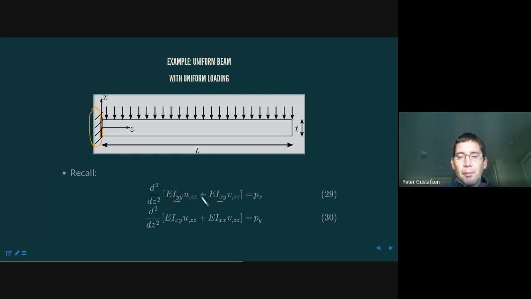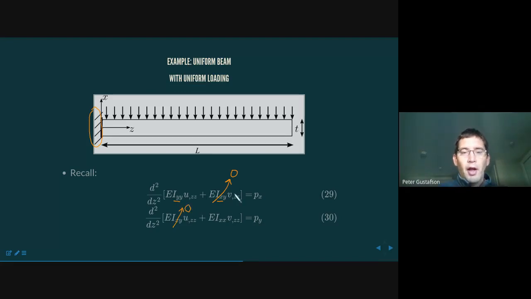Anyway, bottom line: unless you're told otherwise, it's perhaps reasonable to assume that there is symmetry in the cross section. So we could go ahead and say that that value is equal to 0. Oops, I made a mistake in my drawing here. We're going to say this value is equal to 0.